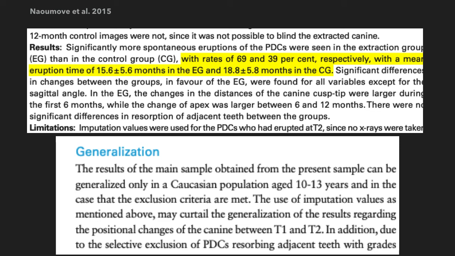And I should discuss this with the girl and with her family, if they accept that or not, to make a decision for this treatment. The generalization in this study is to a Caucasian population aged 10 to 12 years, in the case where the exclusion criteria are met, and the use of imputation values mentioned above.